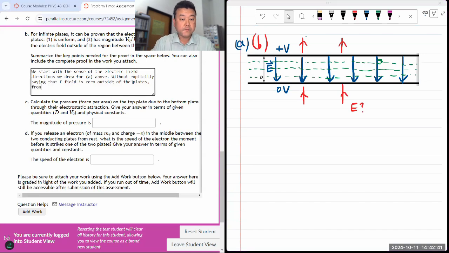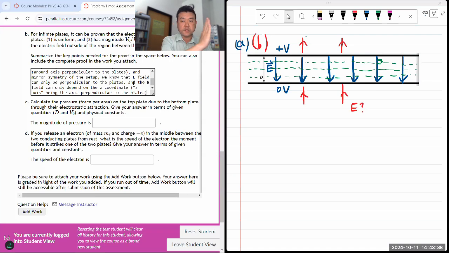Outside of the plate, from the translational symmetry, translational and rotational around the axis perpendicular to the plate, and mirror symmetry, like flipping right and left, of the setup, we know that the E field can only be perpendicular to the plate, and the E field can only depend on the z coordinate, z axis being the axis perpendicular to the plate.